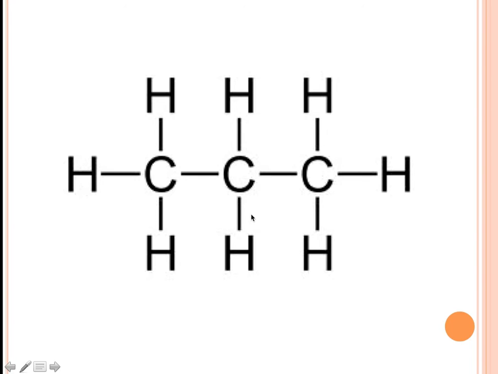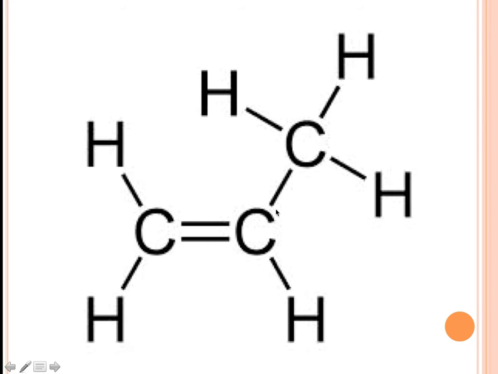So this is an example of an alkane. Yeah. Can we name it? Hopefully we can. It's got 1, 2, 3 carbons, which means it's got the prefix prop. And because it's all single bonds, it's got the suffix ane, so it's propane. Okay.